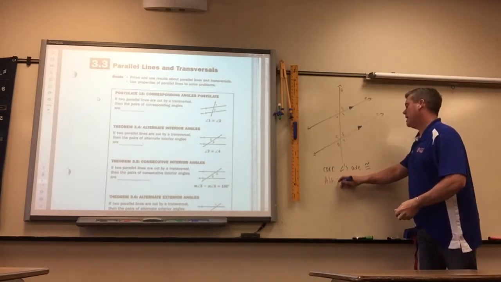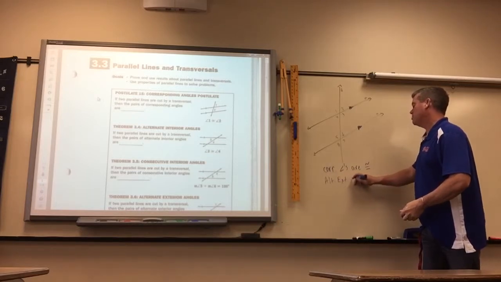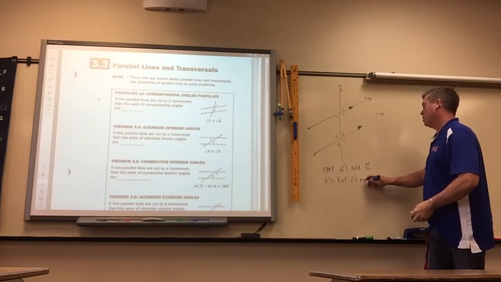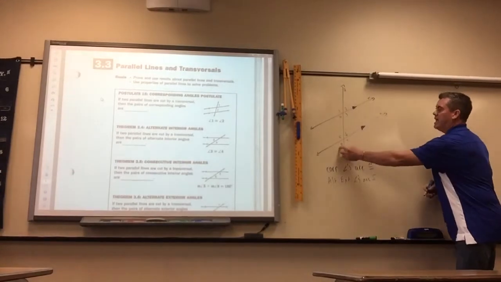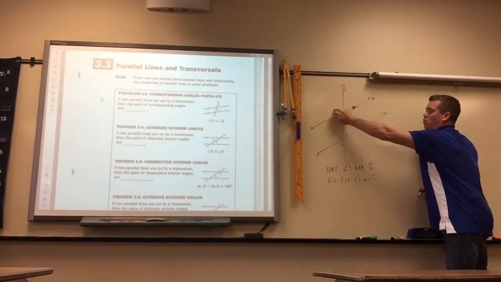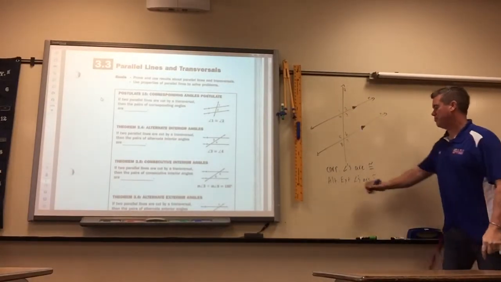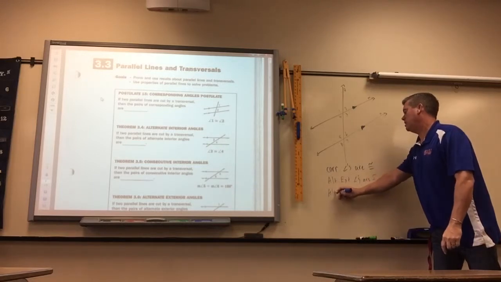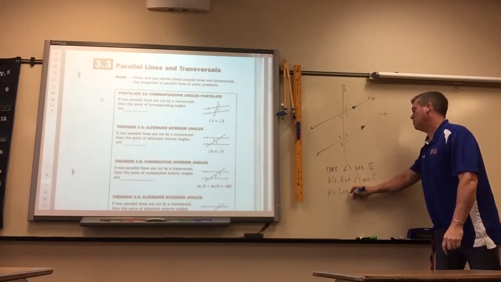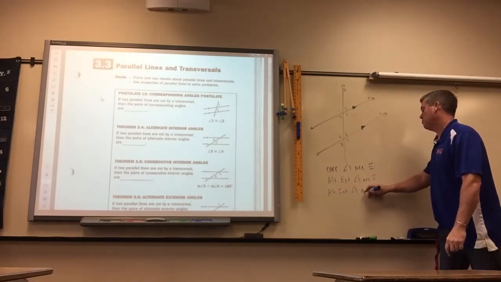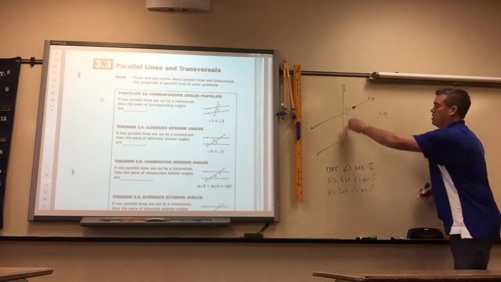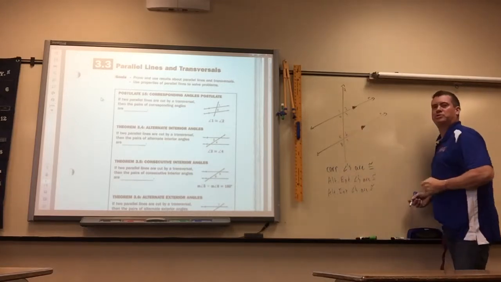Alternate exterior angles are congruent. 8 and 2 will equal each other, 1 and 7 will equal each other. Alternate interior angles are congruent. 3 and 5, 4 and 6 equal each other.